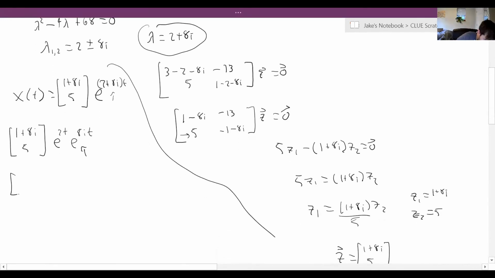So we take our eigenvector, 1 plus 8i, 5, times e to the 2t, and then we use Euler's formula here. Remember we can express this as cosine of 8t, that's where the 8 goes, it sits right in front of the t, plus i sine of 8t.